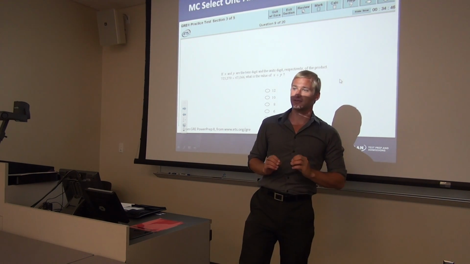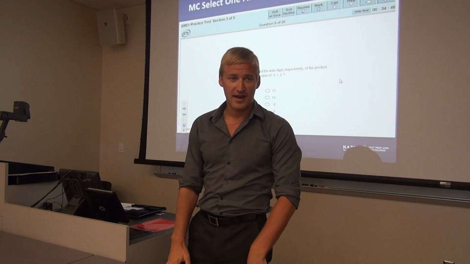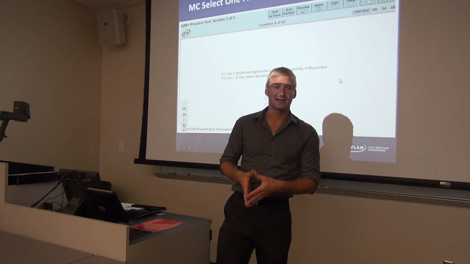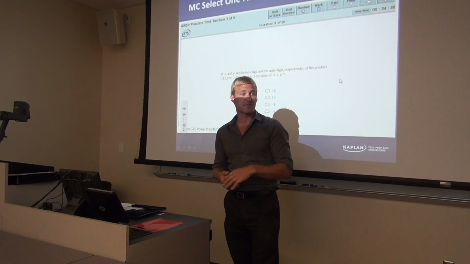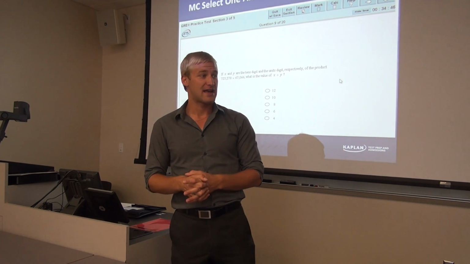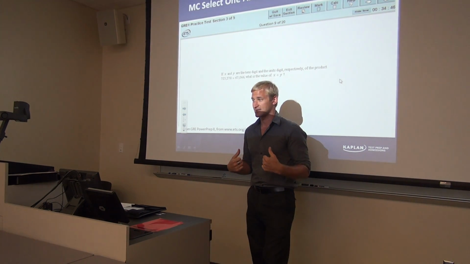That's one of my absolute favorite features about the GRE, because if I'm taking a paper and pencil test, I'm going to answer every single question, or at least try it. But if I'm not sure about it, I'm going to circle the number, so that if I've got time, I'm going to come back to that. And that's exactly the same feature here, basically.